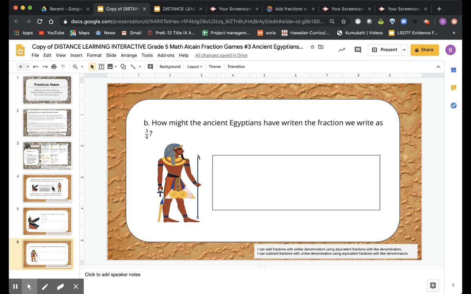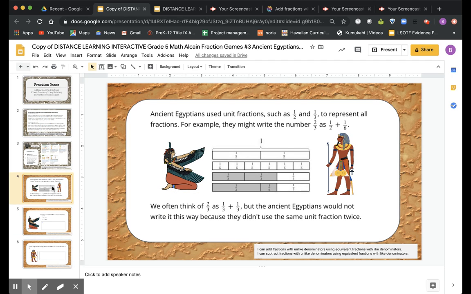All right, so you tried to work the first 3 problems to check your understanding. Now here's something. How might the ancient Egyptians have written the fraction we write as 3/4? How might they do that? I'm going to go back up here and we're going to look at what we were shown earlier. And what you could draw with your unit fractions is something just like this and continue on.